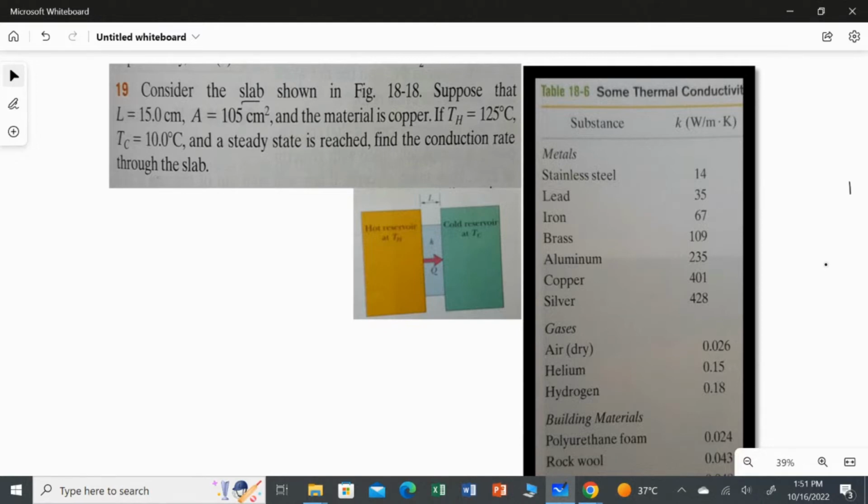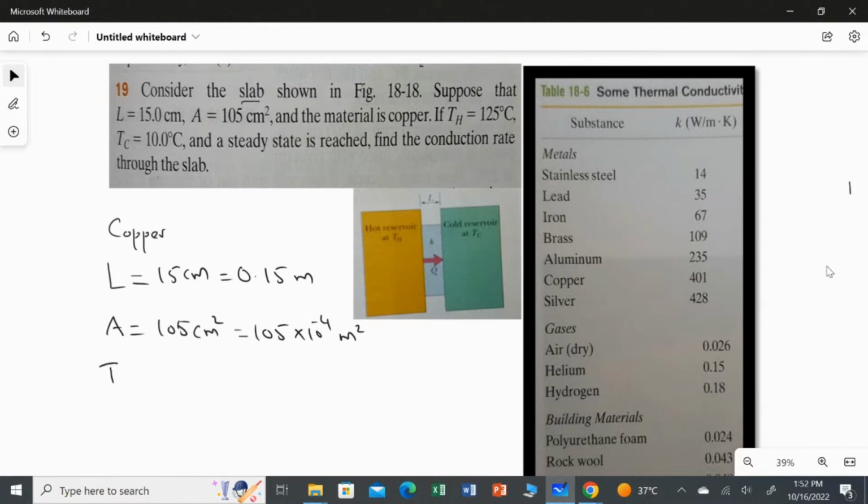So the slab material is given as copper, and that material has a length of 15 centimeter. So I convert this centimeter to meter, which is 0.15 meter, and the area of the slab is 105 centimeter square, which is 105 multiplied by 10 to the power of minus 4 meter square.